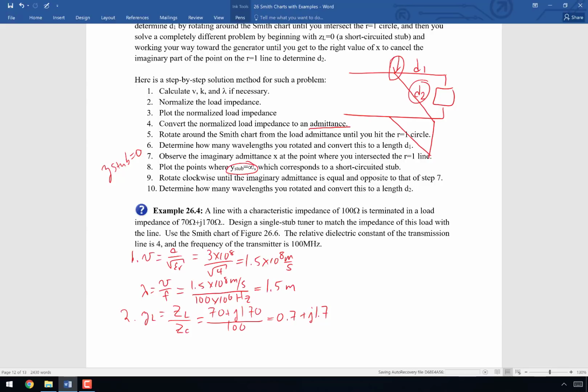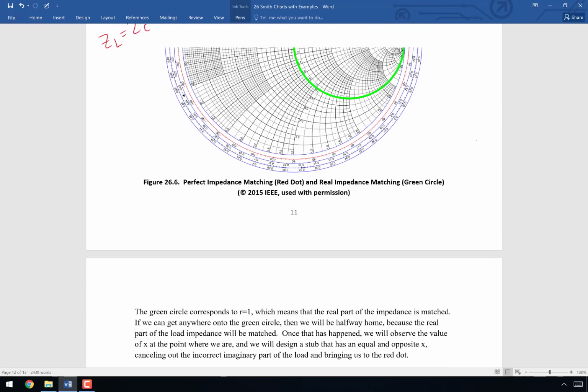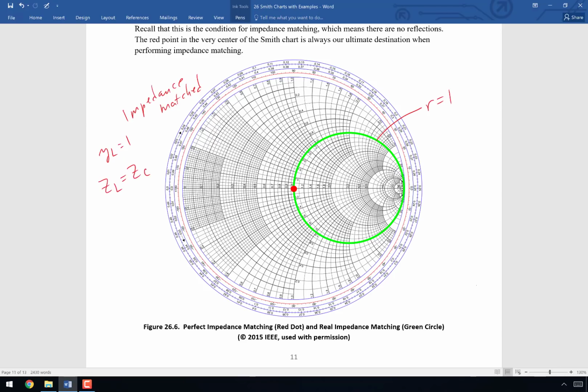So then step 3, plot the normalized load impedance. 0.7 plus J 1.7. Let's come up here. I'm going to find the circle that corresponds to 0.7. So that's this circle right here. And then 1.7 is this arc right here. So it's this point right here.